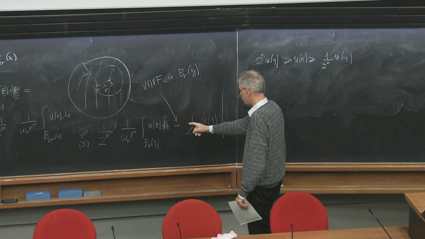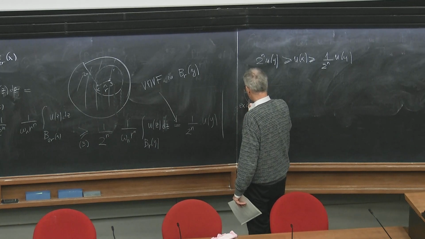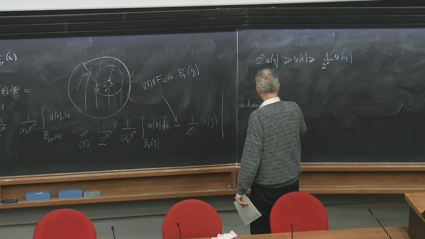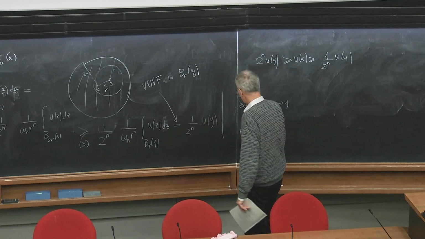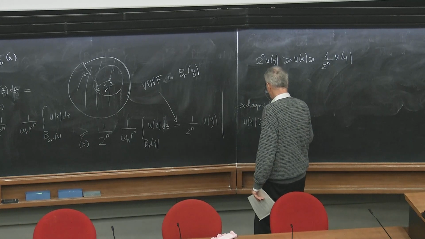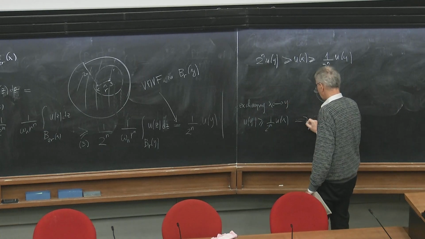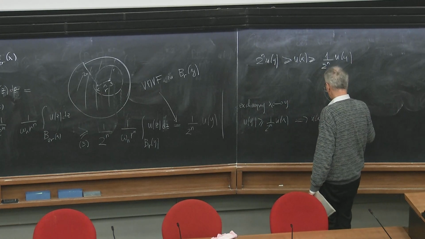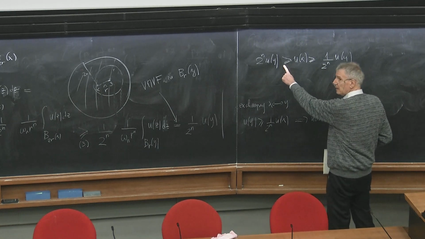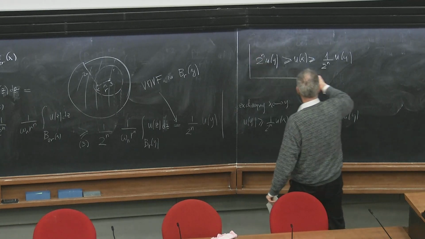So if you accept this, then exchanging x and y, we have that u of y is larger or equal than 1 over 2^n u of x, which means u of x less than or equal than 2^n u of y, which is what I have written here. Okay?